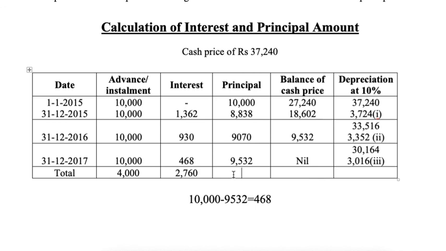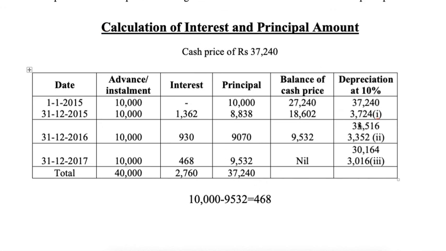If you talk about the principal, it is how much? You add 10,838 plus 9,070 plus 9,532. If you add it, it will be 37,240. And if you add this principal and interest amount, it will be how much? 40,000, right? This is here 40,000.